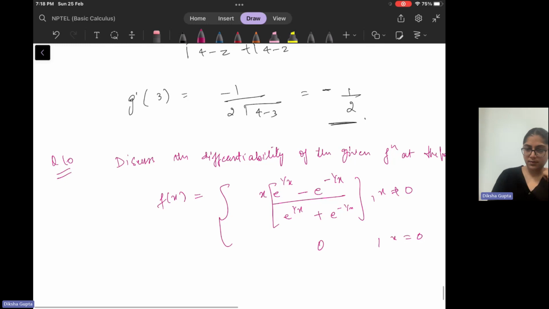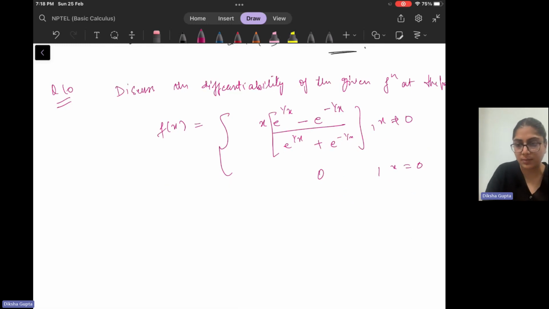So this type of question, if you remember, we have done while doing limits. You have to check if the function is differentiable at the point x.